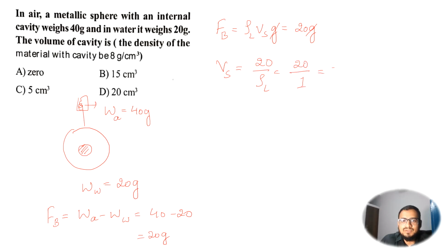So the volume of the solid is 20 centimeter cube. Now this volume of the solid is the complete solid, along with the cavity.